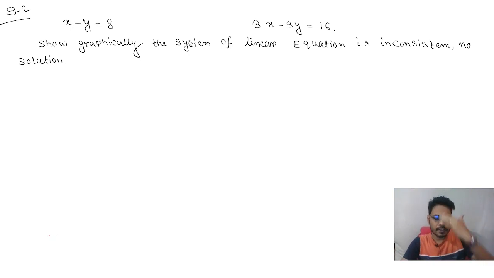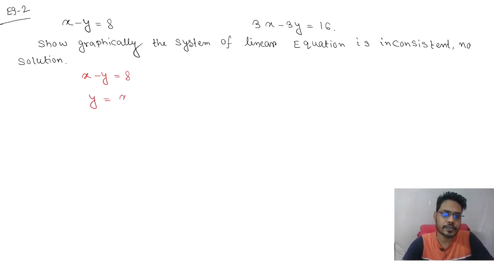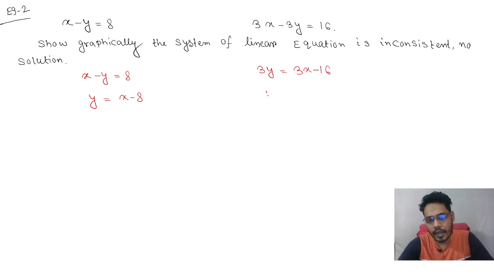Let's do this. The first equation is given, x minus y is equal to 8. So from here y will be equal to x minus 8. Now the second equation, 3y will be 3x minus 16, and y will be (3x minus 16) divided by 3.